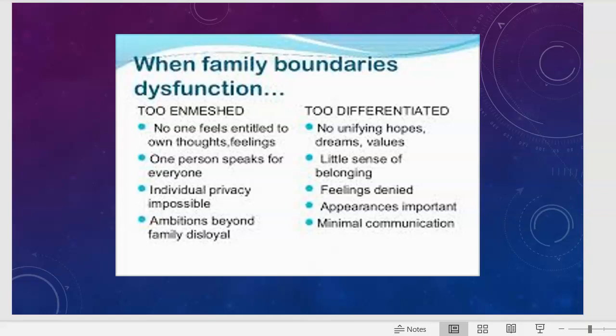Some may be too enmeshed and others may be too differentiated at the same time. This gives you a sense of how complex family emotional relationships and systems can play themselves out to be.